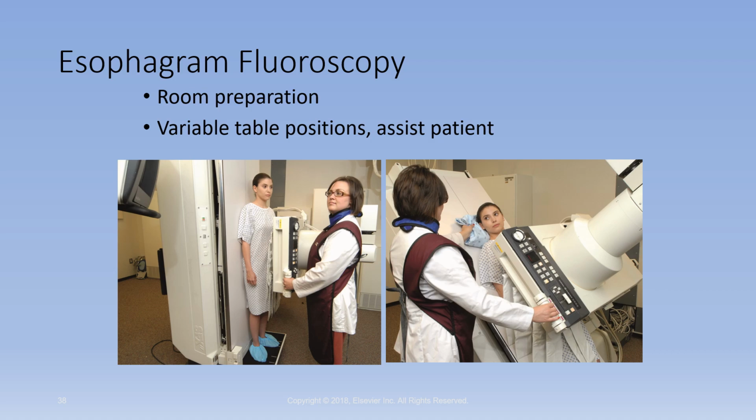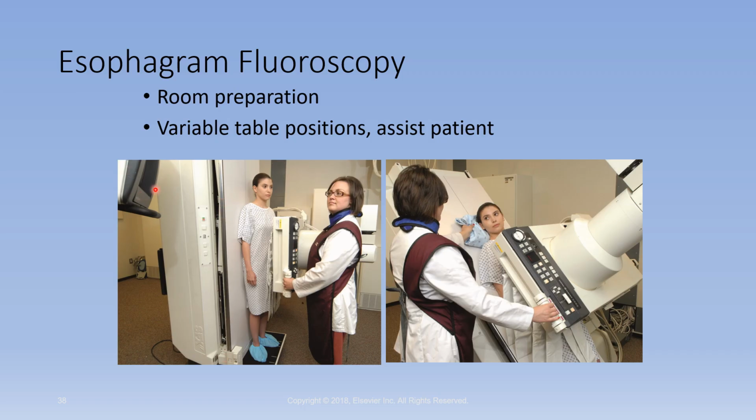All right, the room prep. Like we said, typically the table will start in an erect position with the footboard attached, and you want to test that footboard and make sure that the patient's not going to go anywhere when they stand on that. The bucky would need to be all the way down. You can see it's right here, but it's not all the way down because this Bucky slot shield is not fully extended, so it would need to be fully extended.